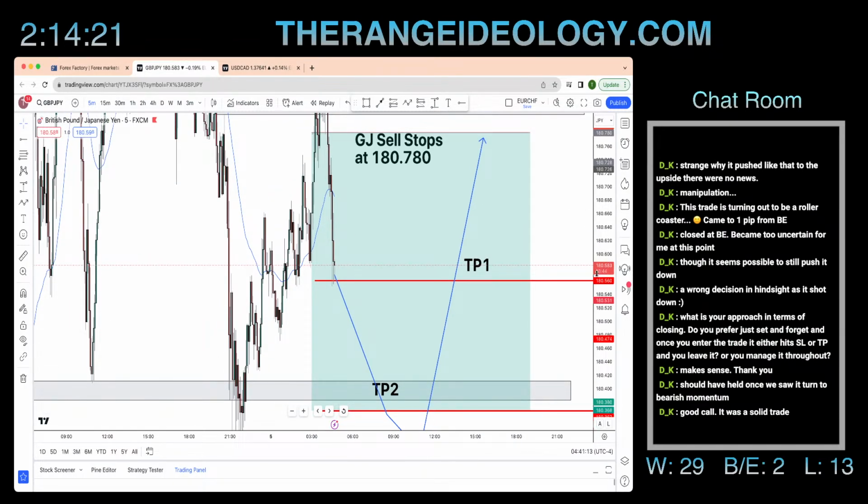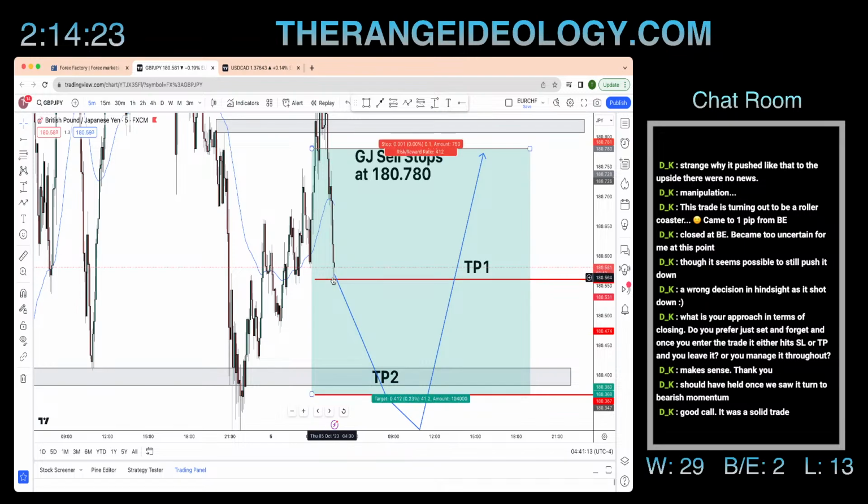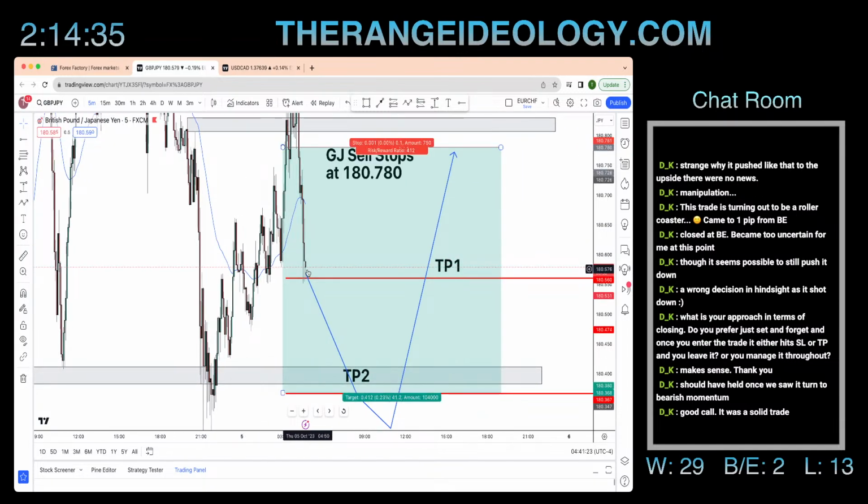But again, at the same time, if it did not push like that, I would probably close out a few pips before profit, because again, I'm not gonna risk. I think some of you guys did see that yesterday, whoever was viewing this stream yesterday, where I closed out a few pips before, and then GJ jumped right back into drawdown.